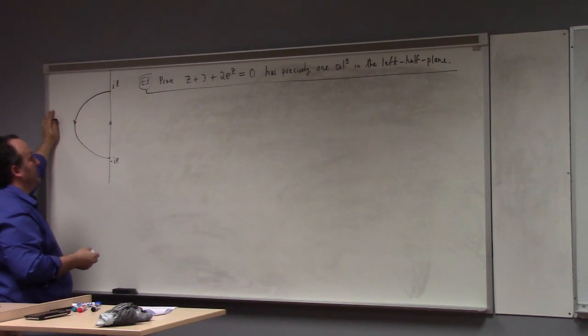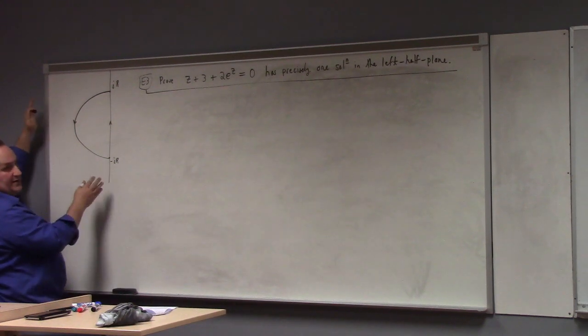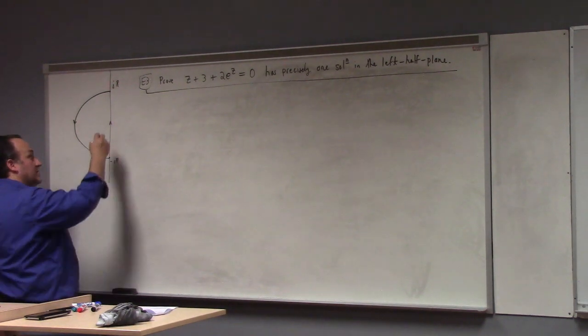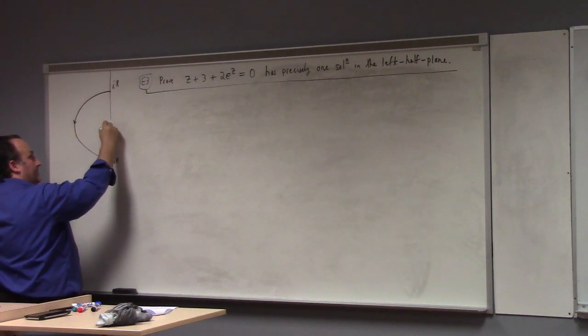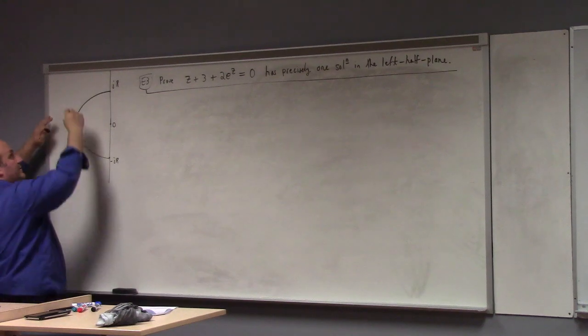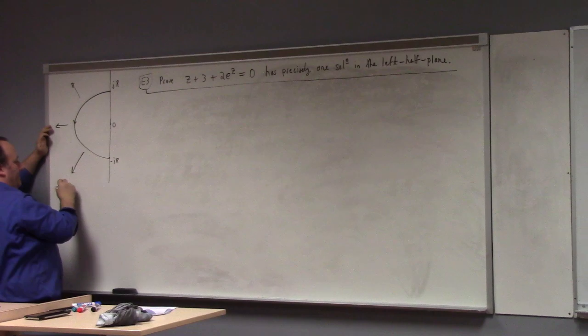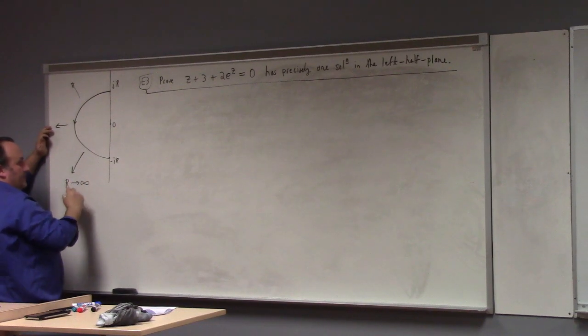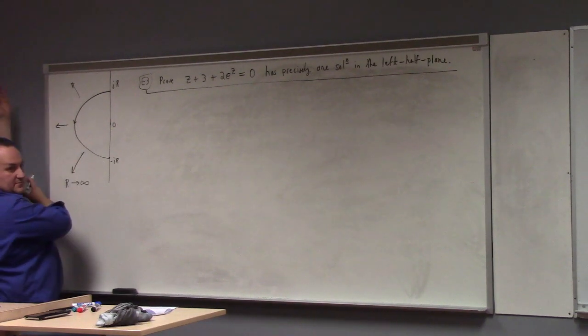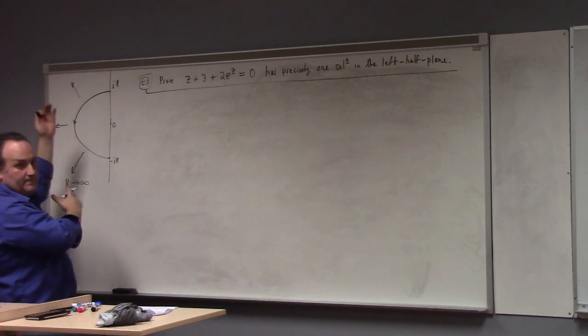So let's see here. If we let R go to infinity, right? So here's the origin in the middle. If we let R go to infinity, what happens? We'll get the whole left half plane, right?